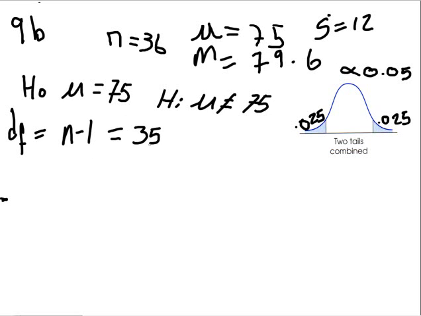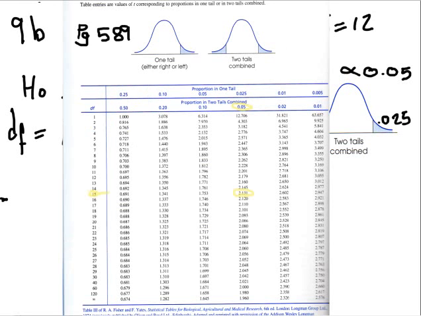Okay, now we need to go look in our table. Okay, so we have degrees of freedom is 35. Notice we got a 30 and a 40.